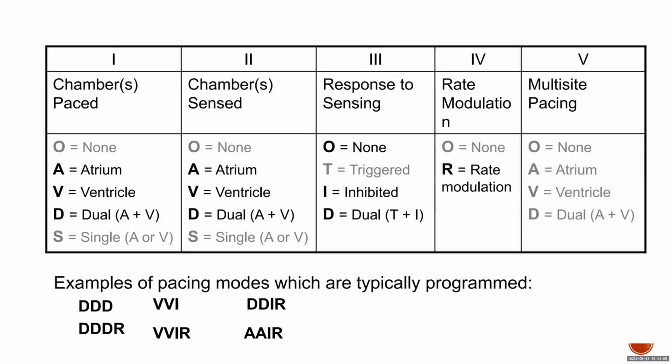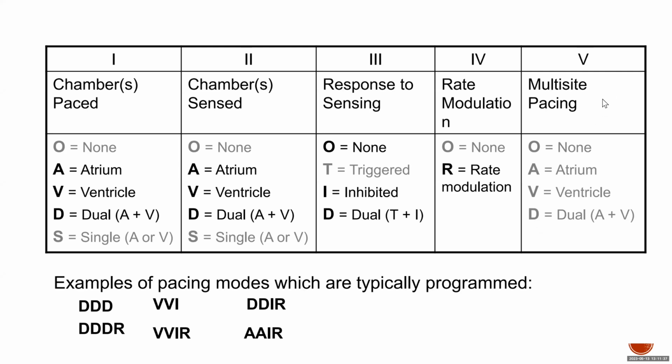But this is not ideal because, if the patient starts running, they'll need a heart rate faster than 50. So there's something called rate response, rate modulation. It senses the increase in respiration, changes in the muscle movement of the chest, and then that leads to increasing the rate. So this is called rate response.